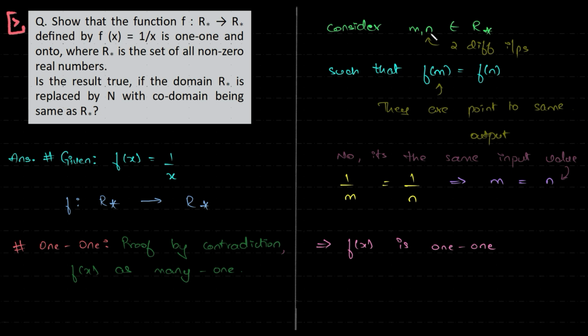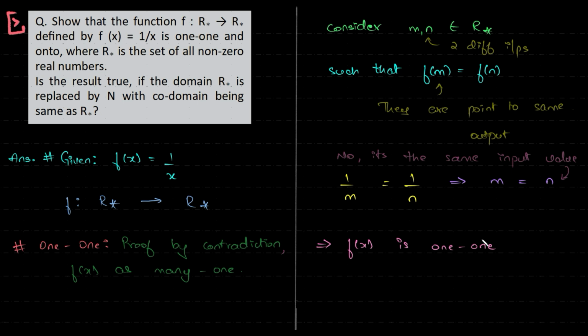So we are saying m and n, which are two different inputs, are pointing to the same output. When we solve this, we come to the conclusion that it's the same input. m is equal to n means they are the same. And so we ended up with f of x as 1 to 1.